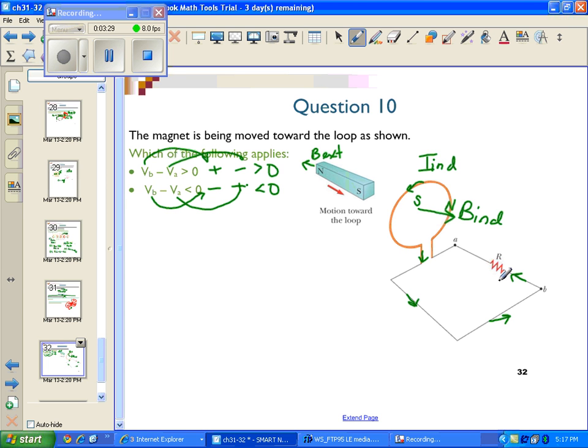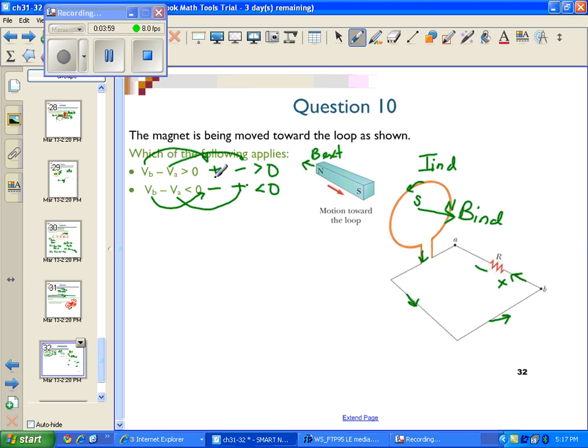And the current always flows from positive to negative because there's a potential drop along the resistor. Well, the positive would be the high potential end, which is at point B. The negative is at the low potential end, which is A. And so we see that VB minus VA is in fact a positive quantity.